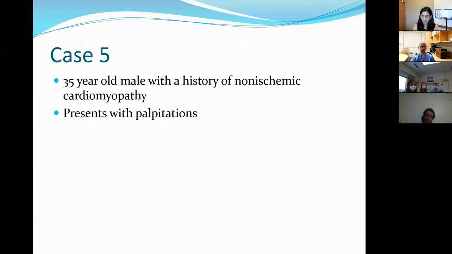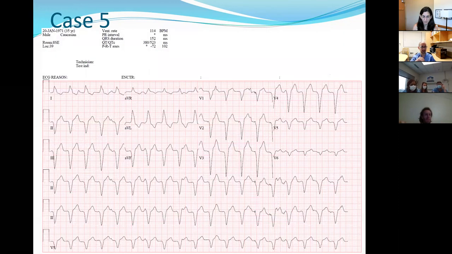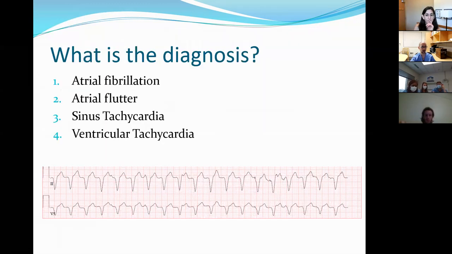All right, so sorry, we're gonna get into wide complex tachycardias. So a 35-year-old who has a history of non-ischemic cardiomyopathy, and he has palpitations, and then this is his EKG. So what's the diagnosis on this EKG?